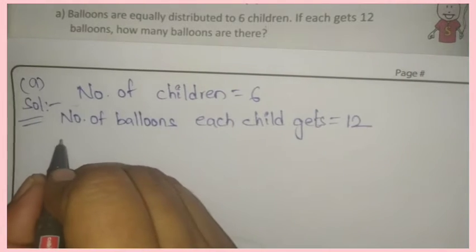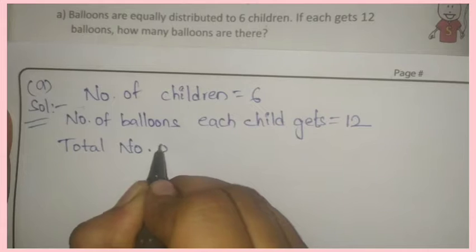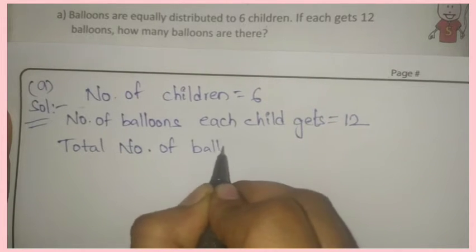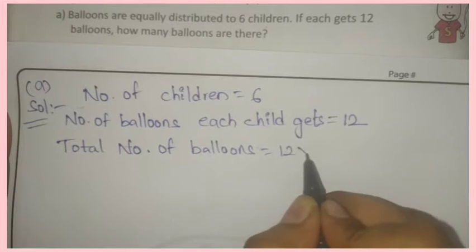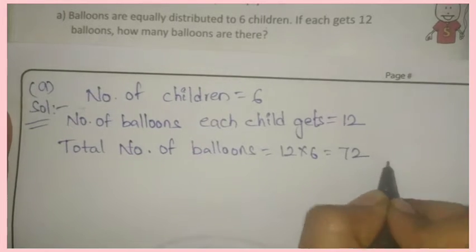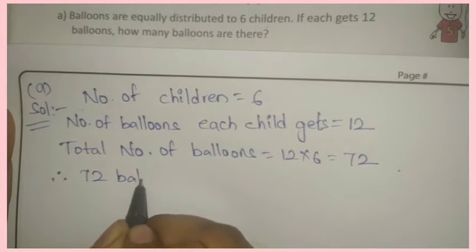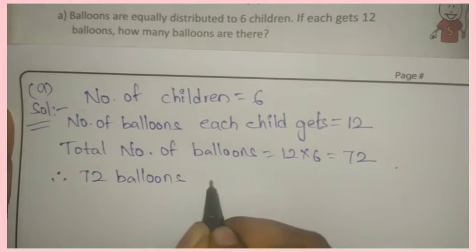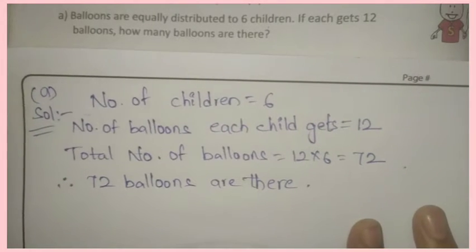To find total number of balloons, we will multiply these two. 12 into 6, 12 sixes are 72. So therefore 72 balloons are there. This is A answer.